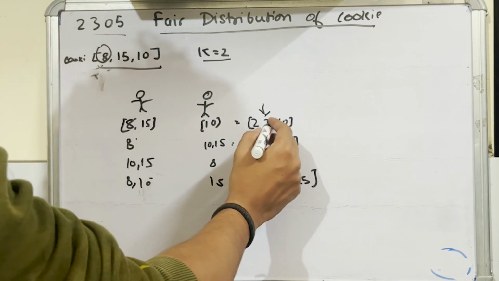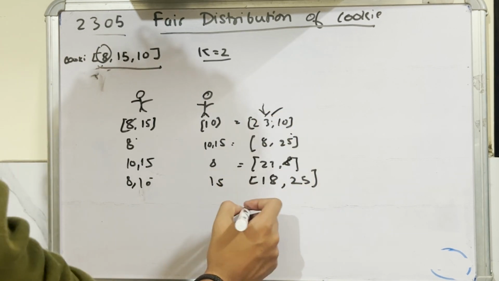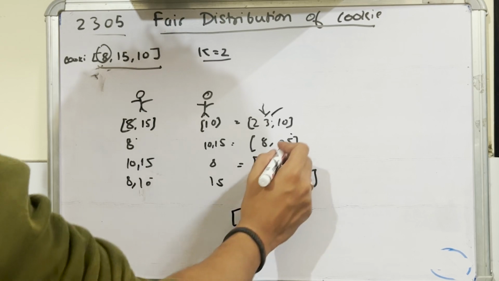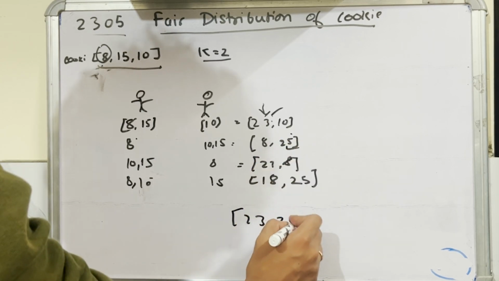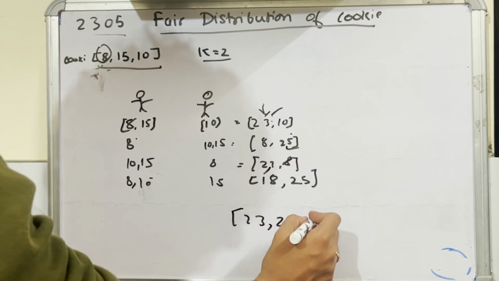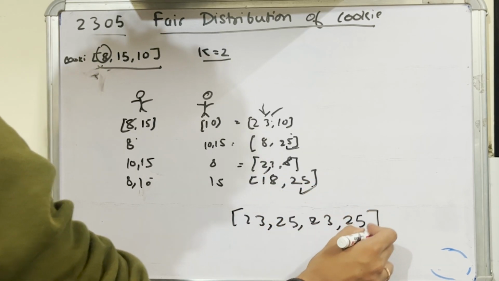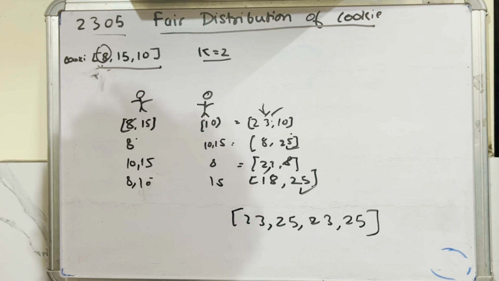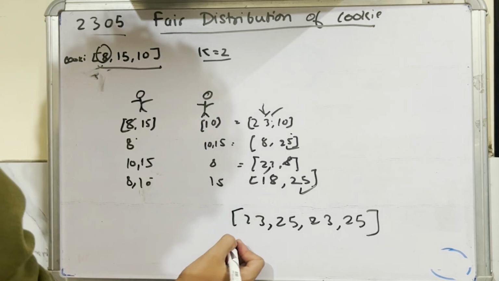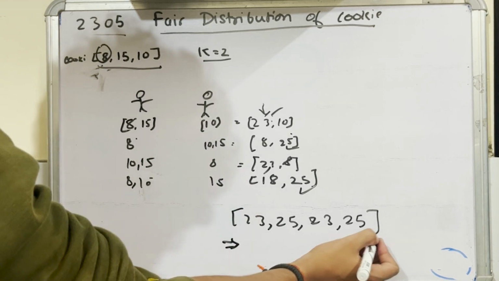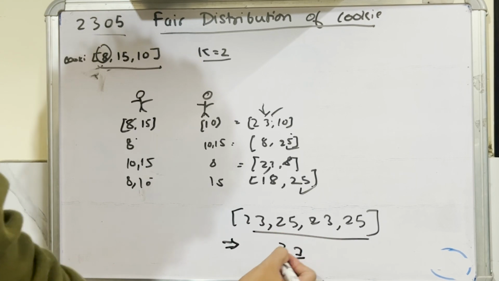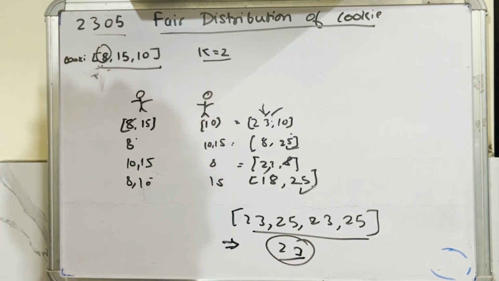If we take the maximum from this one, it will be 23, from this 25, from this 23, from this 25. The minimum of all these unfairness values will be 23. So we have to return this 23.